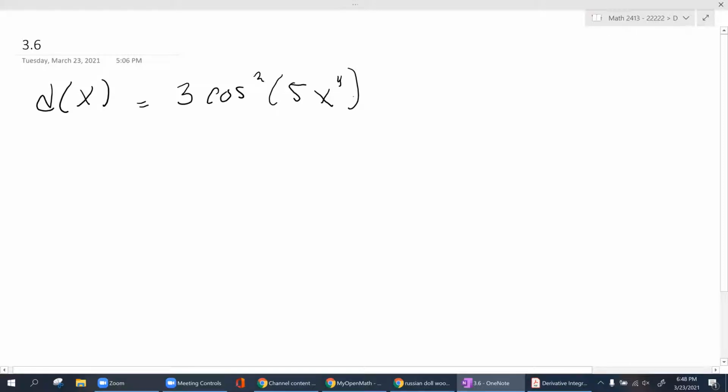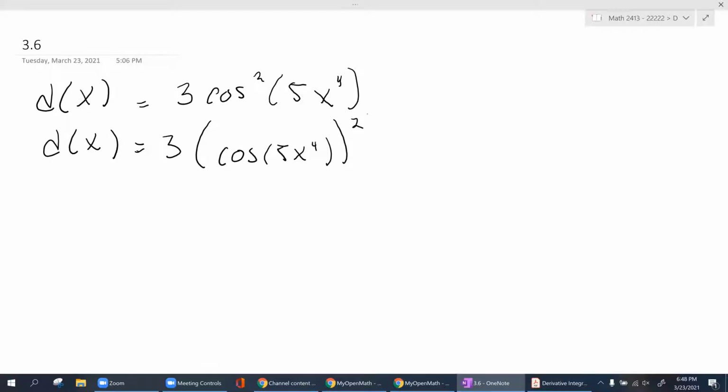We said whenever we're dealing with trig functions that are squared, I want to rewrite that. So in other words, before taking the derivative, this is 3 sine of 5x to the 4th, to the 2nd power. And this is where I said that Russian wooden doll, the Petrushka, starts coming in.